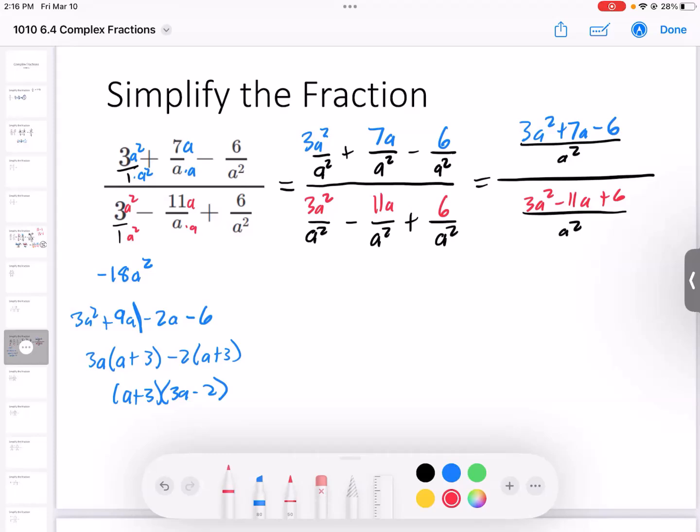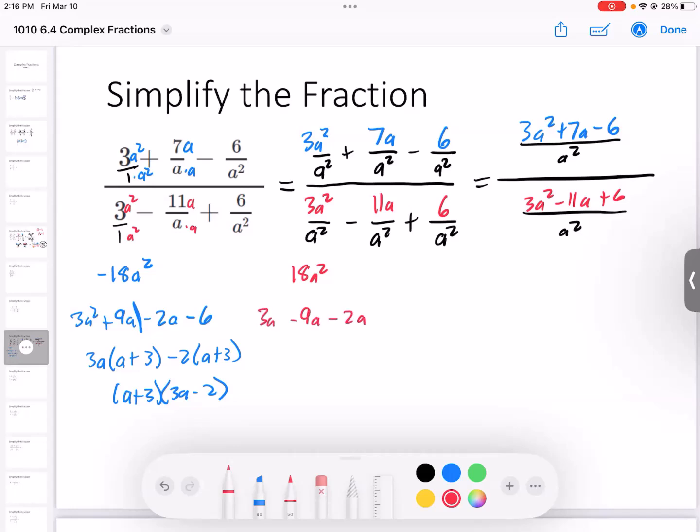Then I'm also going to factor this. If I do 3a squared times 6, I get positive 18a squared. What are two things that multiply to positive 18 but add to negative 11? 9 and 2. Would they be positive or negative? They both would be negative.